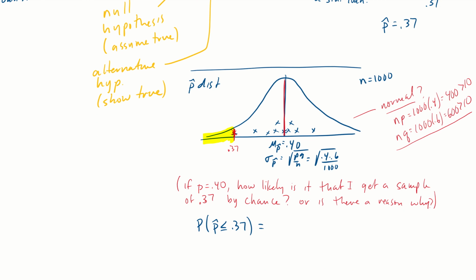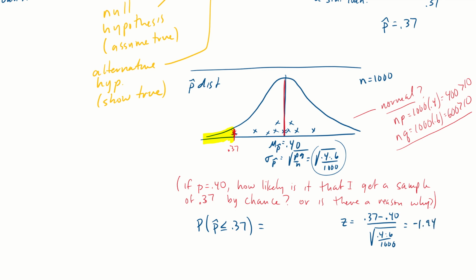So I can find the z-score and do 0.37 minus 0.40 over the standard deviation, this guy, the square root of 0.4 times 0.6 over 1,000. And I can calculate that z-score, which I will do right here. And I get negative 1.94.